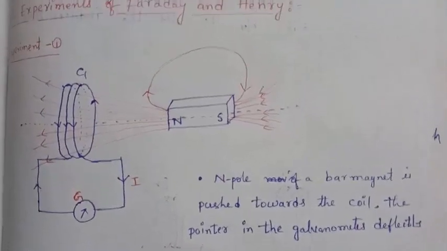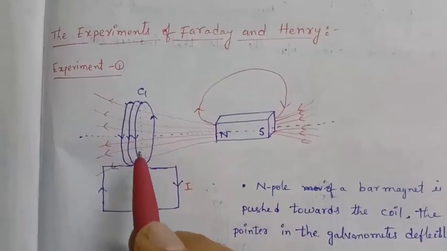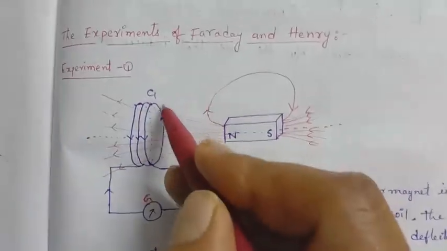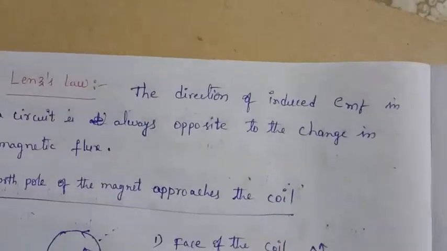For this experiment, consider the magnetic lines of force. What is the direction of the induced EMF? According to the right hand thumb rule it would be in one direction, but the EMF is induced in the opposite direction. For that purpose we take the negative sign.